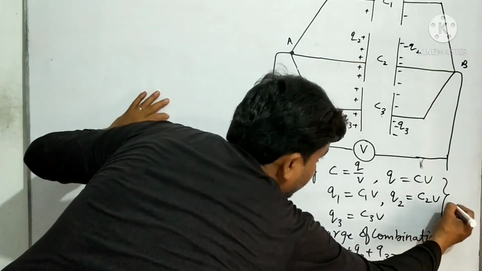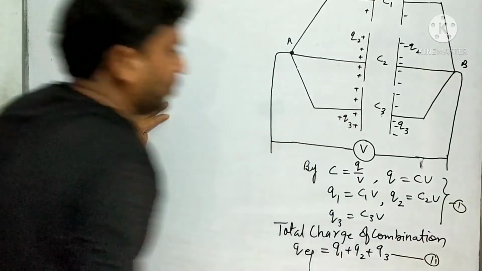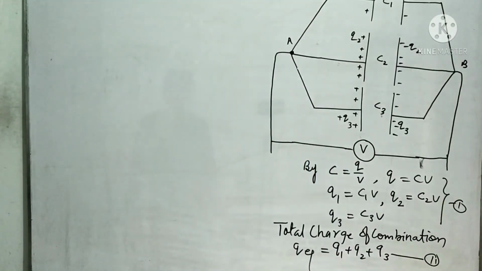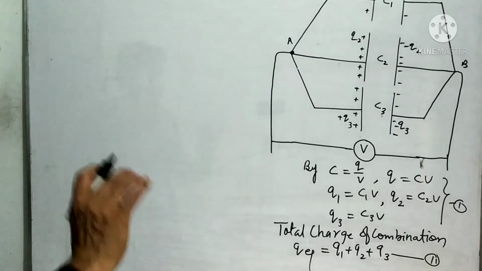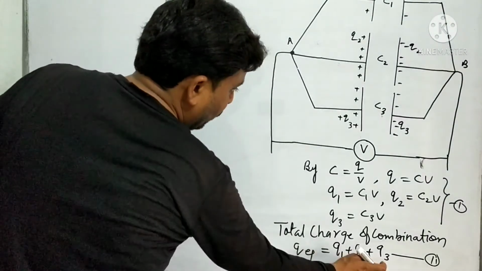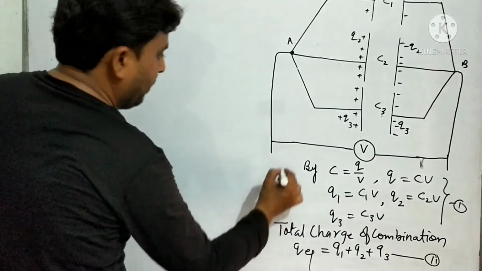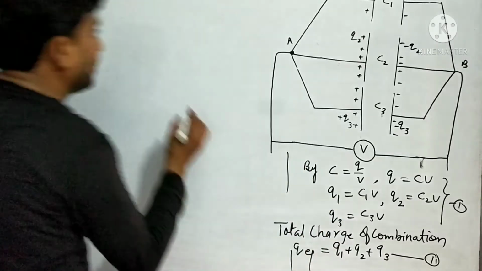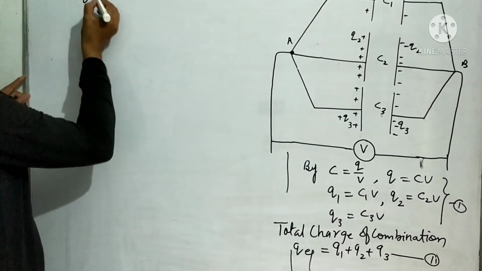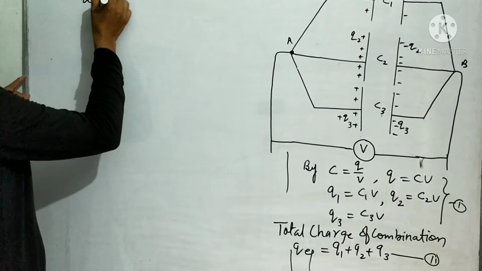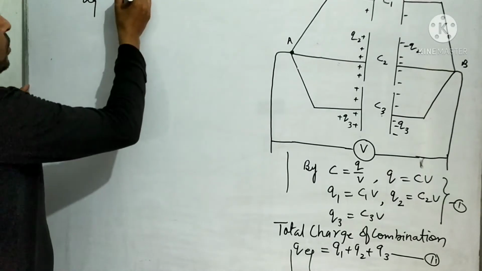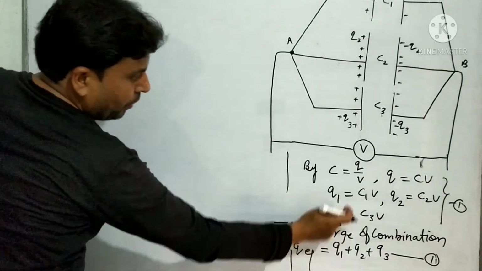This is equation 2. Now substitute the values of Q1, Q2, Q3 from here. Then the equivalent charge Q equivalent equals Q1, substitute Q1, how much is it here?